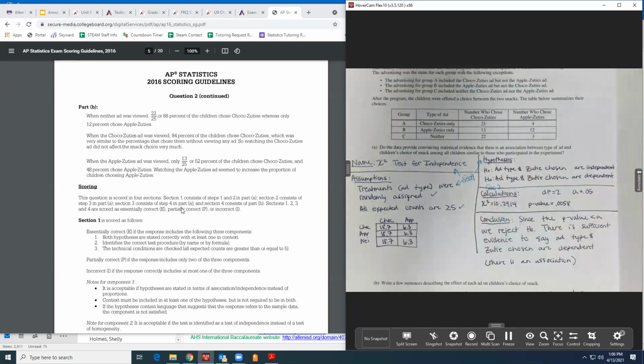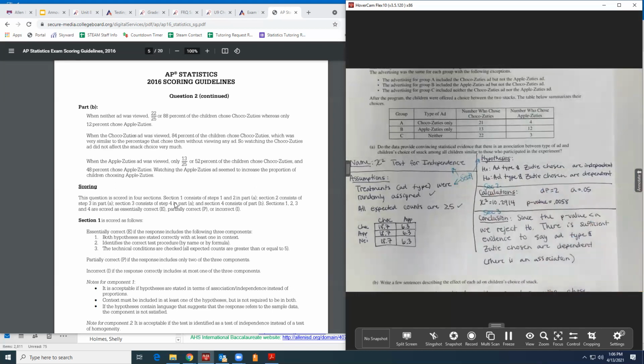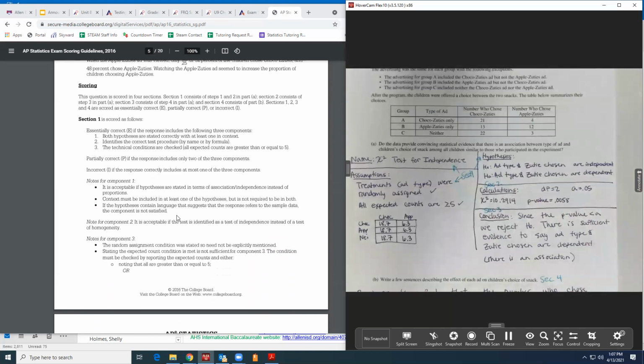And then section 3 consists of step 4, so that's going to be this section here. So we're going to get 3 scores from our hypothesis test, and then the 4th score is going to come from part B. Okay.